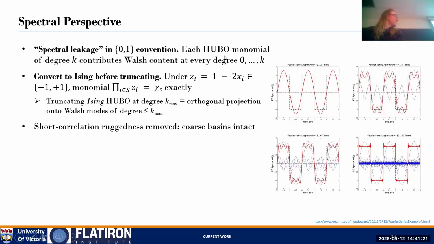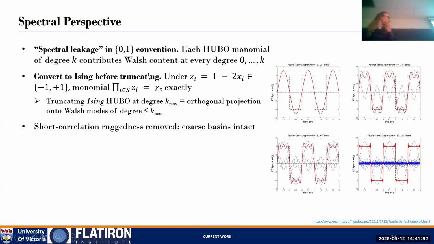So why we work in the Ising basis instead of the 0-1 is that if we're in the 0-1 basis and we chop off some monomial of degree K, that monomial actually contributes spectral content at every degree between 0 and K. So we're getting rid of low degree correlations, and these are the ones that we want to preserve, because ultimately we're interested in preserving the coarse Bayesian structure of our cost functions as opposed to the higher frequency modes.